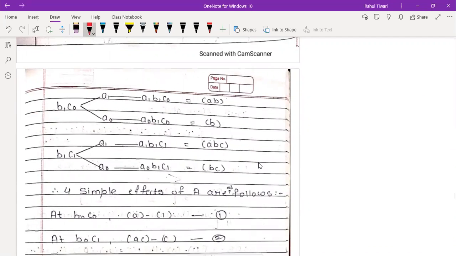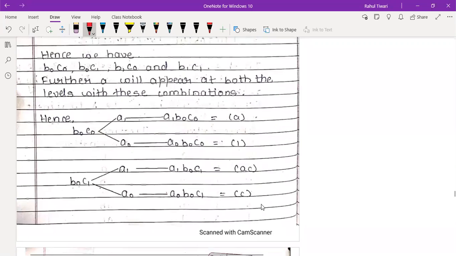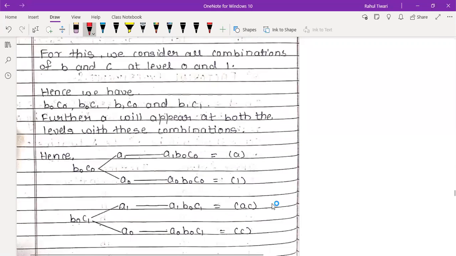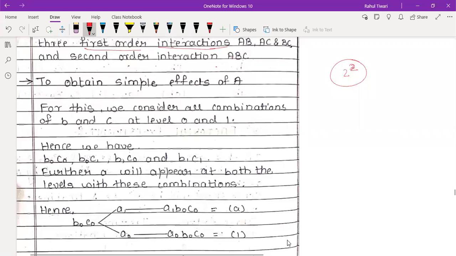That is the very important part. Consider all combinations of B, C at level 0 and 1. Why are you considering the 0 and 1? That is the question, right?